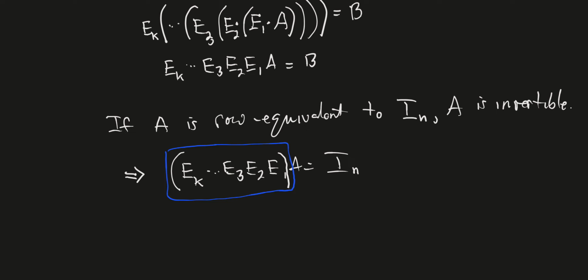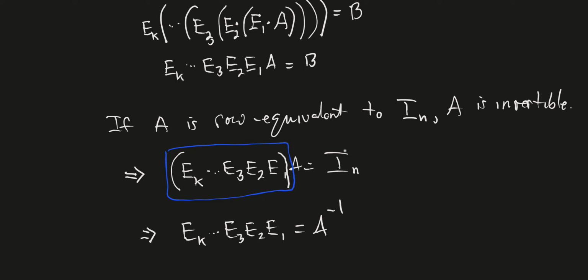So right away, we have a formula, but it's now in terms of these elementary matrices. So this implies that E_k times dot dot dot E_3, E_2, E_1 has to be the inverse of my original matrix.